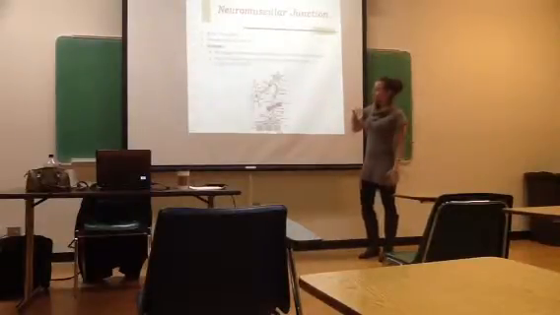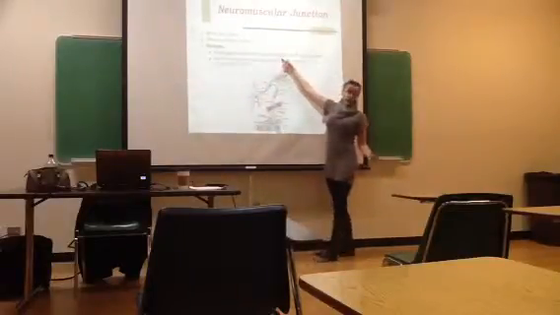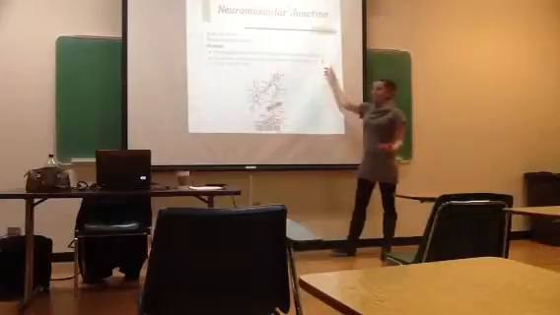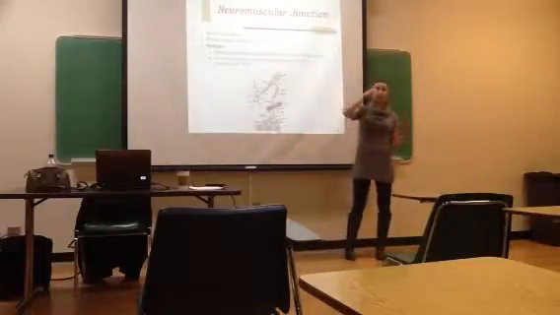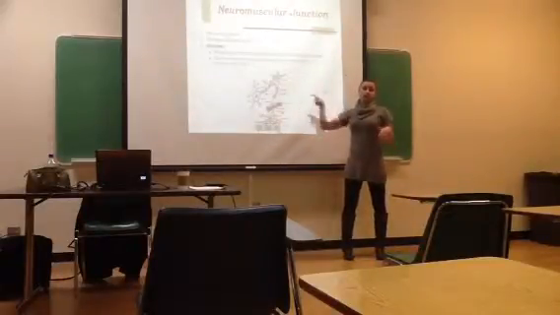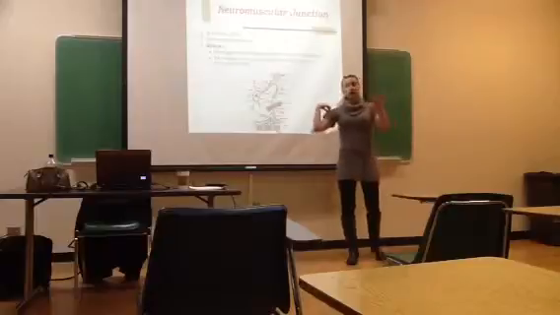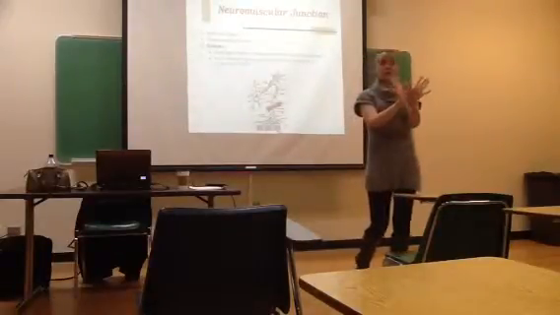Okay, don't worry about that. So anyway, a synapse is the small gap between the terminal branch of a motor neuron and the muscle. And each terminal branch ends at a motor end plate of a single muscle fiber. So remember that we said motor neurons can have thousands of terminal branches.